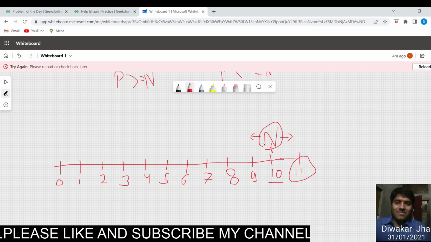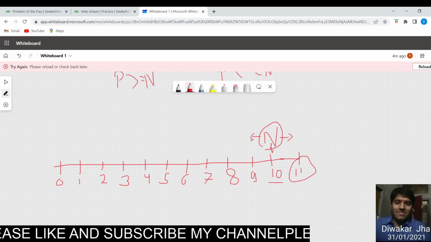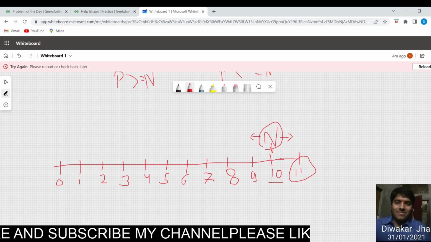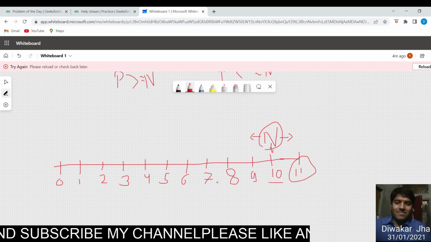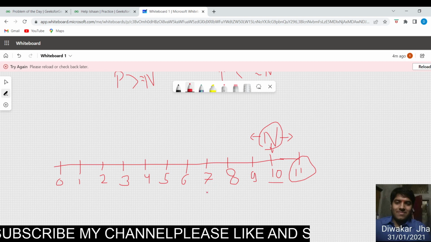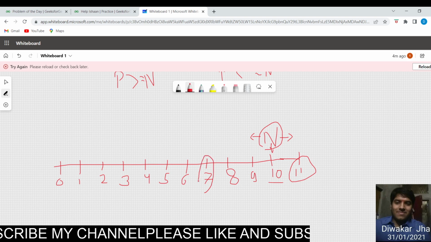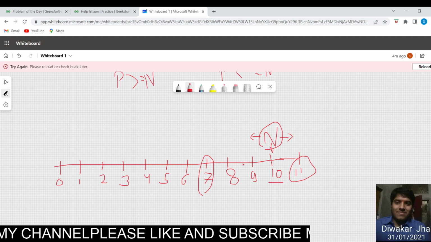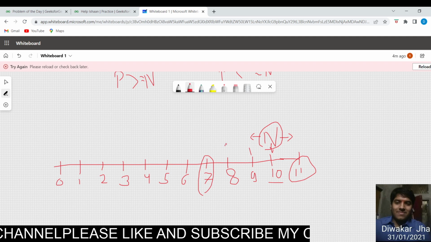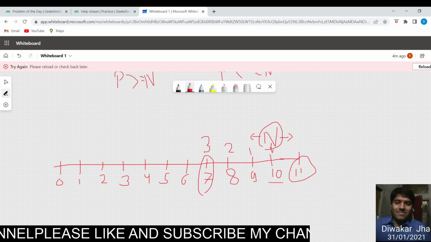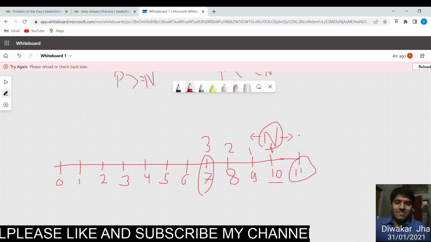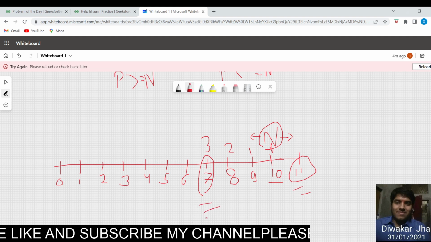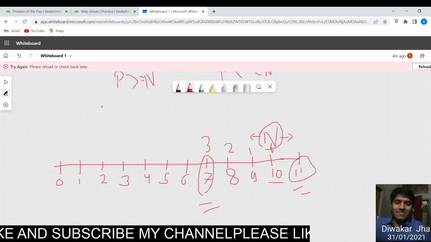On the left side, we check that 7 is the closest prime number, but their difference is 3, because 1, 2, and 3. So 11 is our better answer compared to 7. I hope you all understood the problem approach.